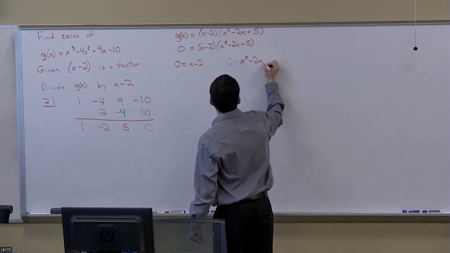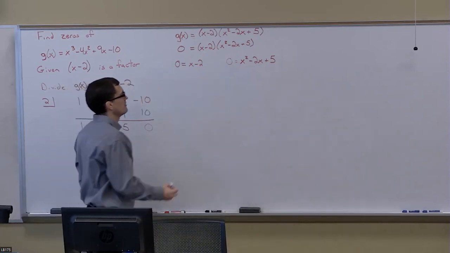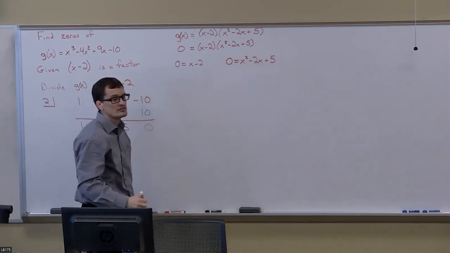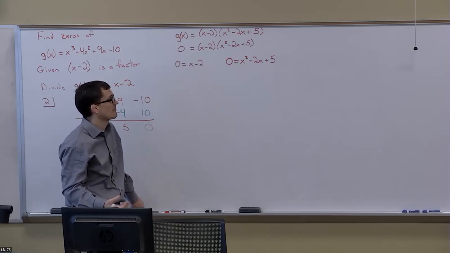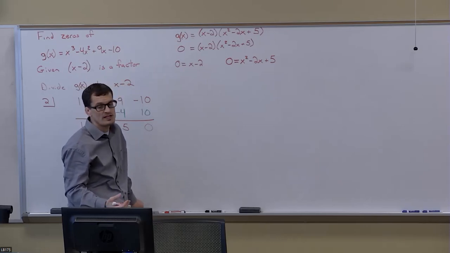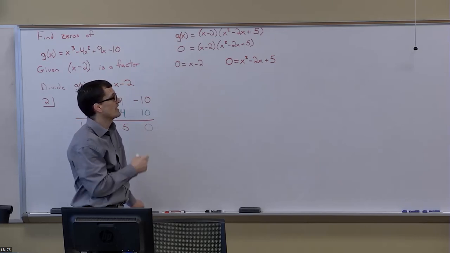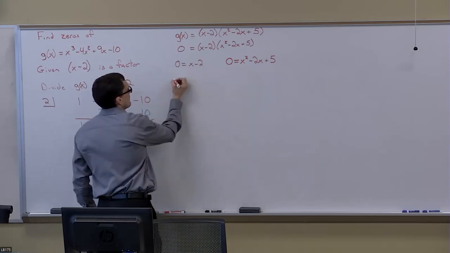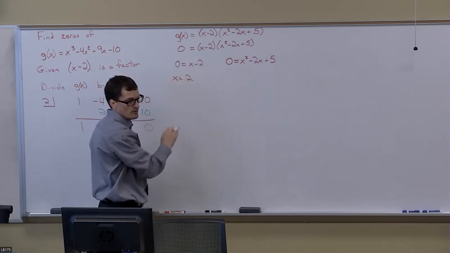And we can set this quadratic equal to 0 and simply use solving quadratic equations, the things we learned back a couple of sections ago, to find the solutions to this equation. This solution is obvious, x equals 2. That's the first zero, don't forget about that.